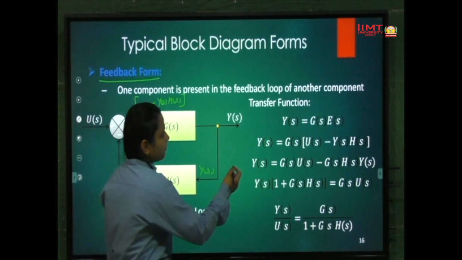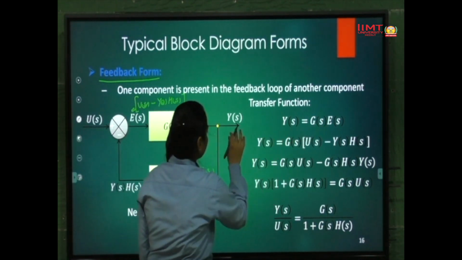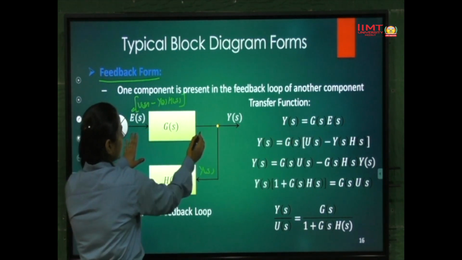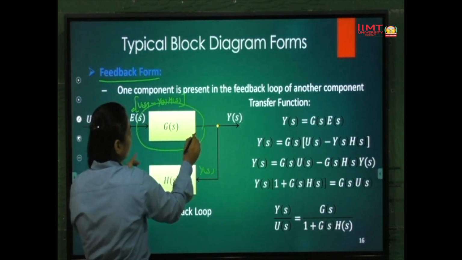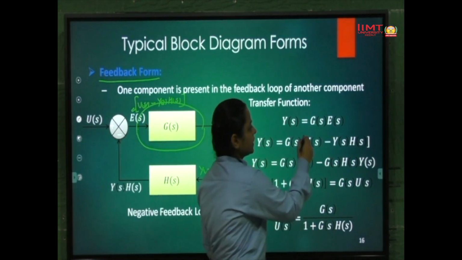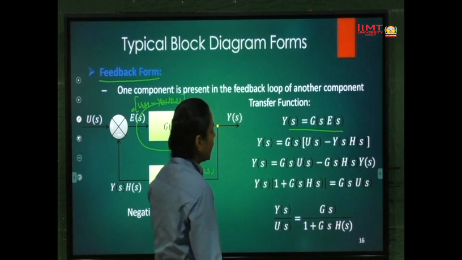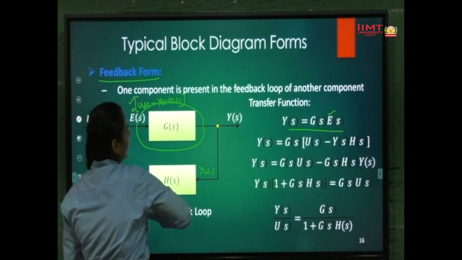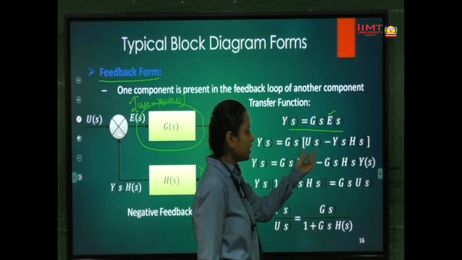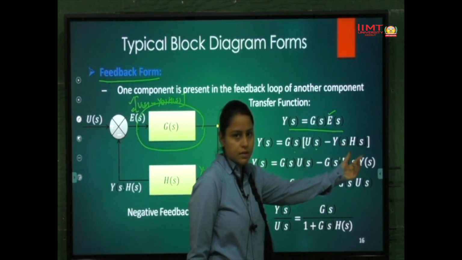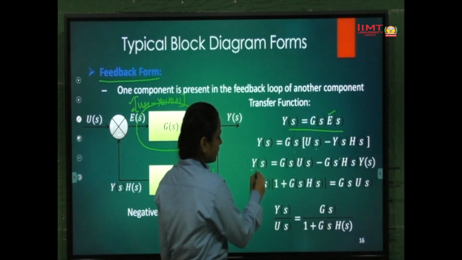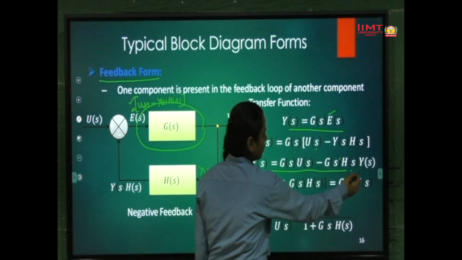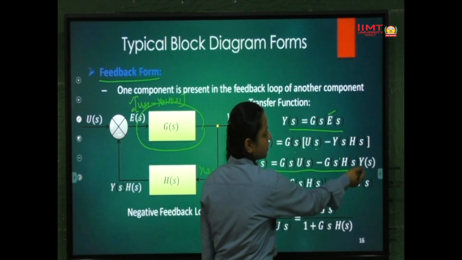Now we have Y(s) equal to G(s) E(s) from this particular block. If we put the value of E(s) from here, we get Y(s) equal to G(s) times (U(s) minus Y(s) H(s)). Simplifying, Y(s) equals G(s) U(s) minus G(s) H(s) Y(s).